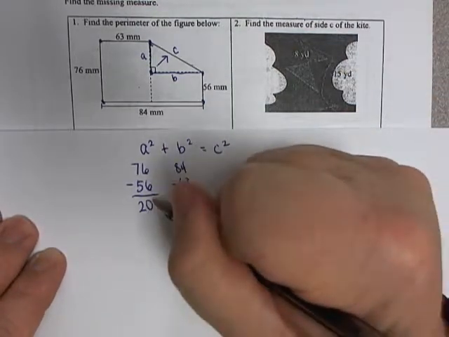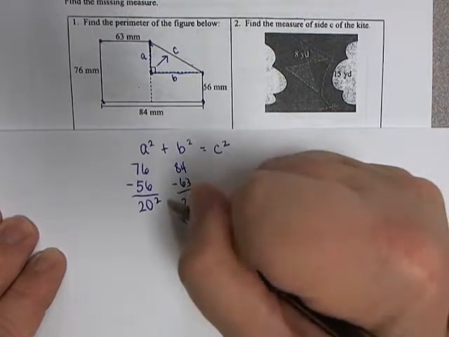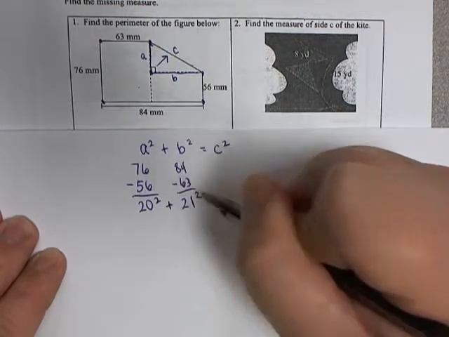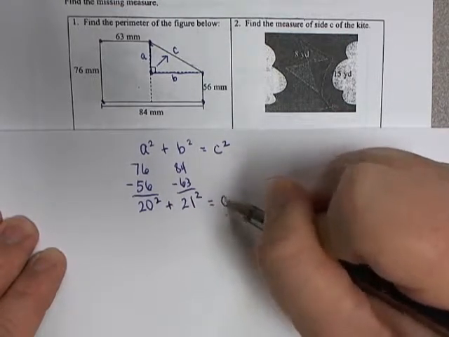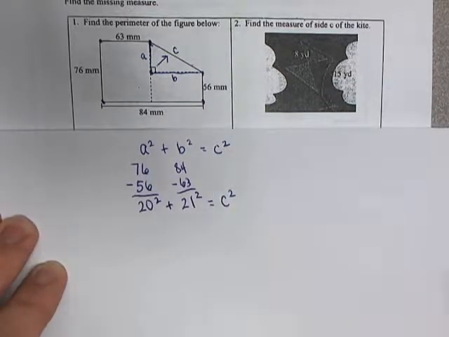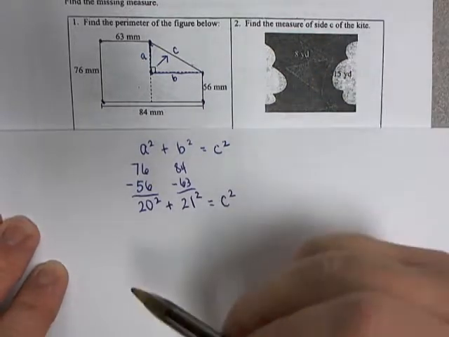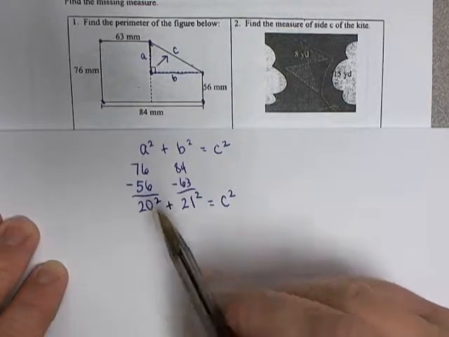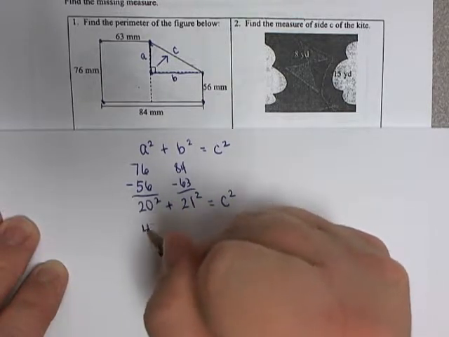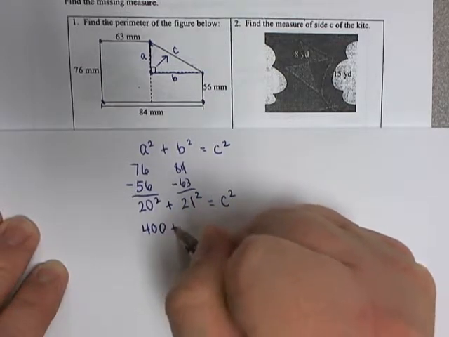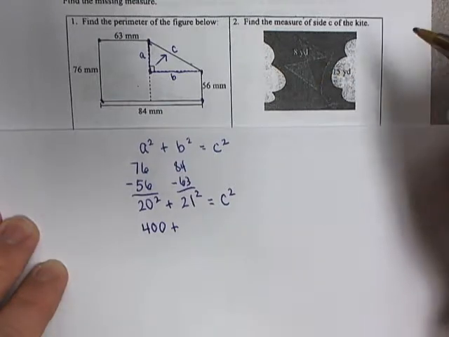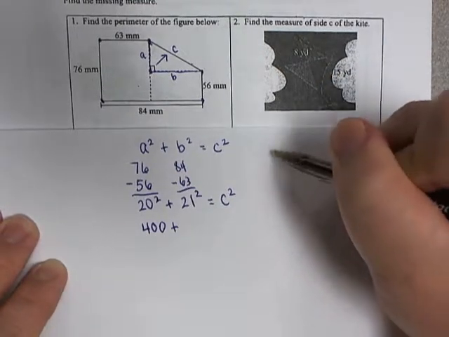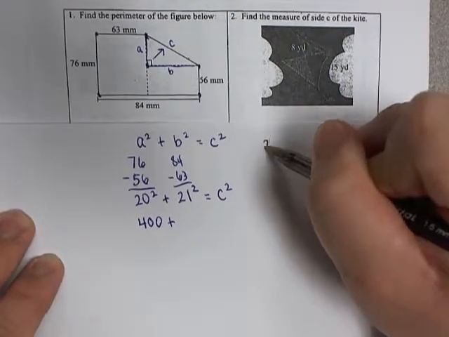So 20 squared plus 21 squared equals c squared. Next step is to square 20 squared, you get 400, plus 21 squared. Well, let's calculate what 21 squared equals.